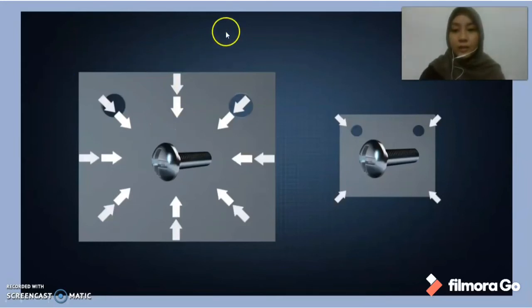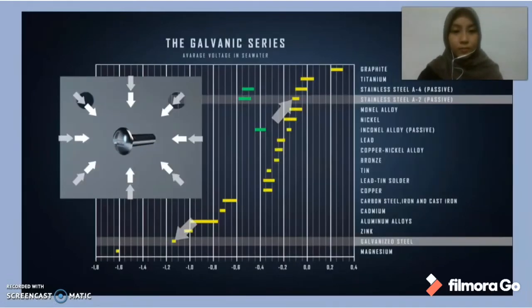As you can see here, the greater the cathode area in relation to the anode, the faster the anode will corrode. The screw here will corrode quickly, not only because the cathode is larger, but also because the electrochemical potential is great.